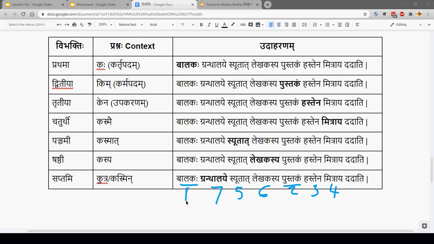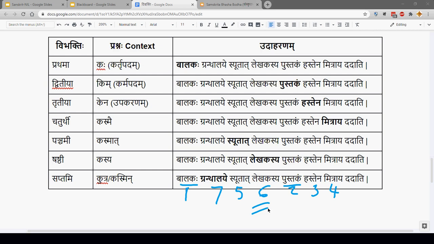The case endings 1, 2, 3, 4, 5, 7, except 6, indicate their roles in relation to the verb. The sixth one is not indicating a role in relation to the verb. It indicates a role in relation to some other noun in the sentence.